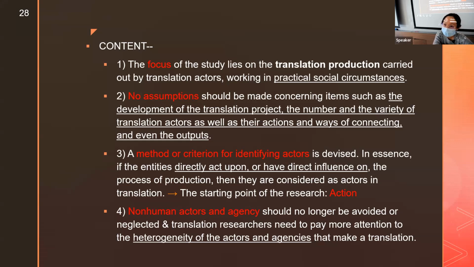So the criteria is that if the entities directly acted upon or have direct influence on the process of translation, then they are considered as actors of translation. So the starting point of research is, as a result, translation action. This conforms to the claim of ANT researchers that society or ready-made artifacts or any fact is not the cause, but the effect of actions.